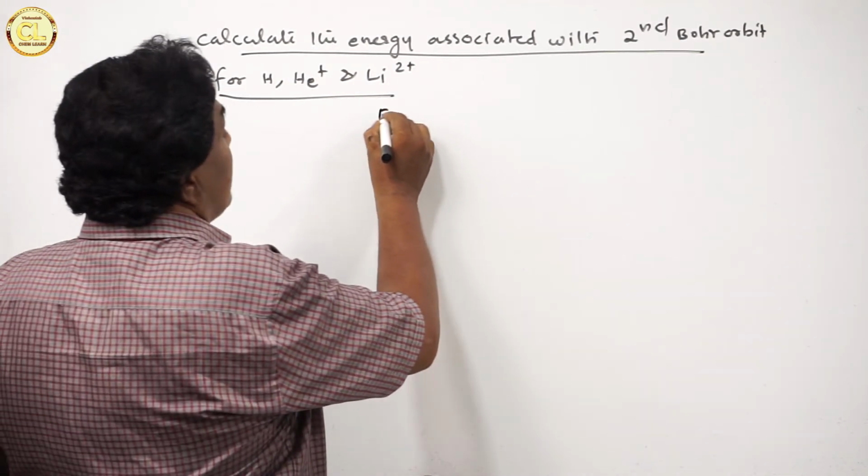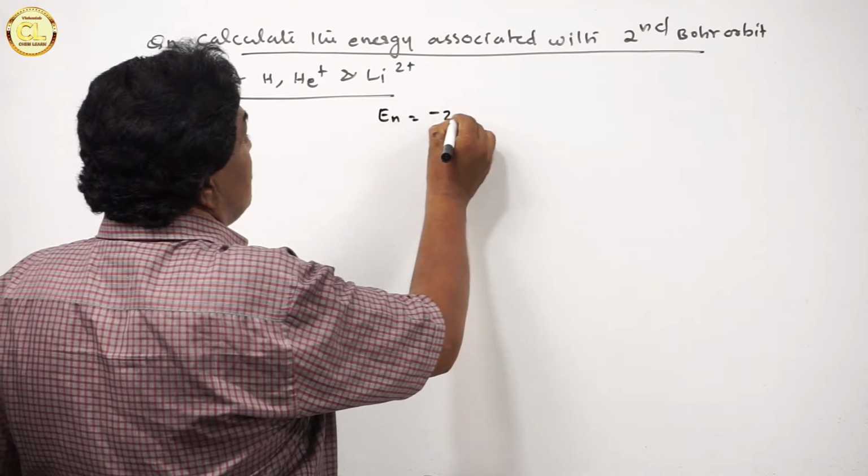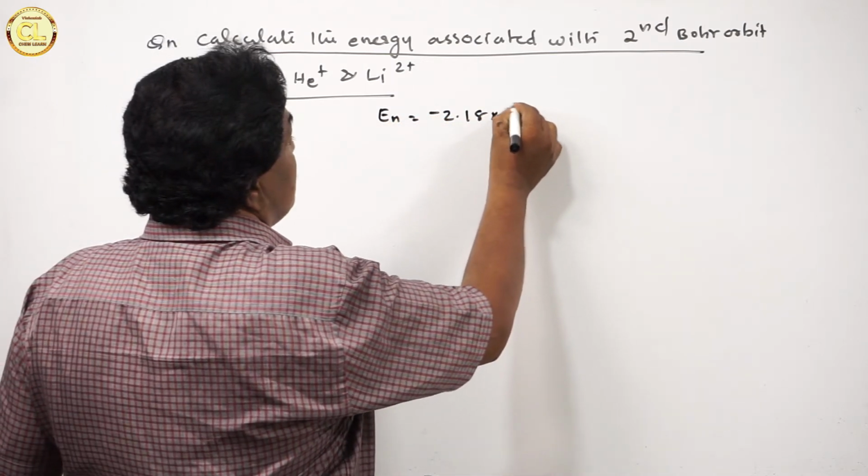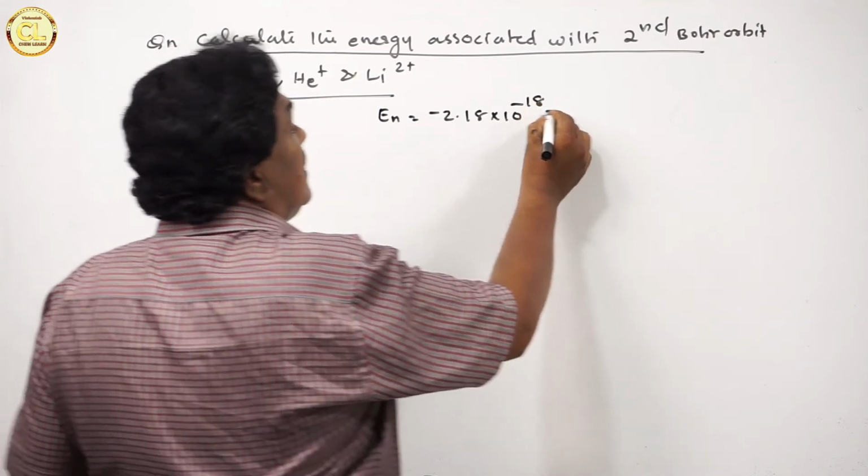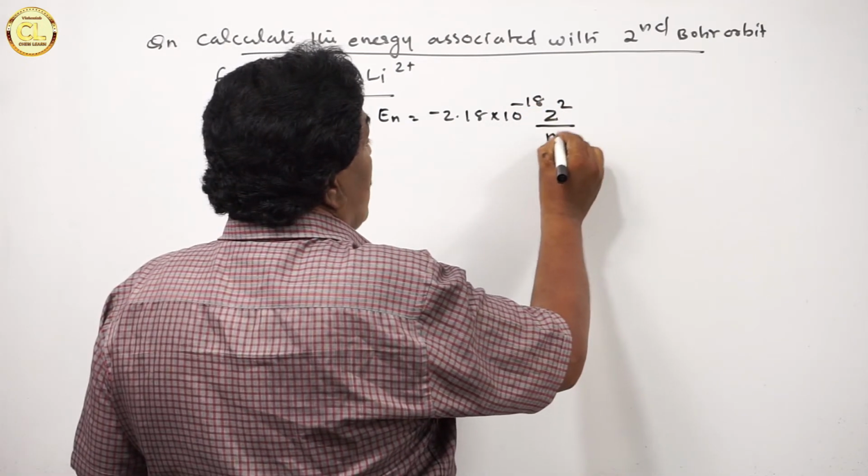Bohr energy equation is expressed as En is equal to minus 2.18 into 10 raised to minus 18 Z square by N square.